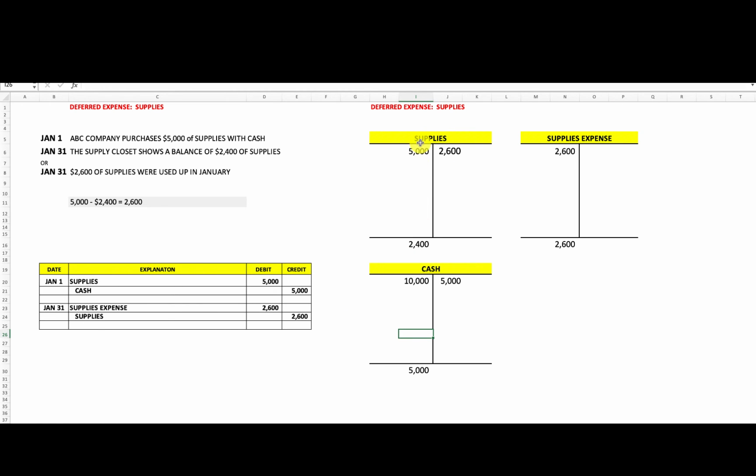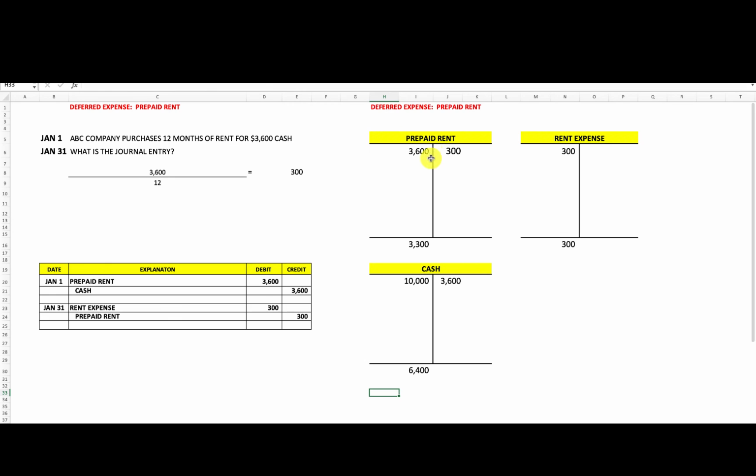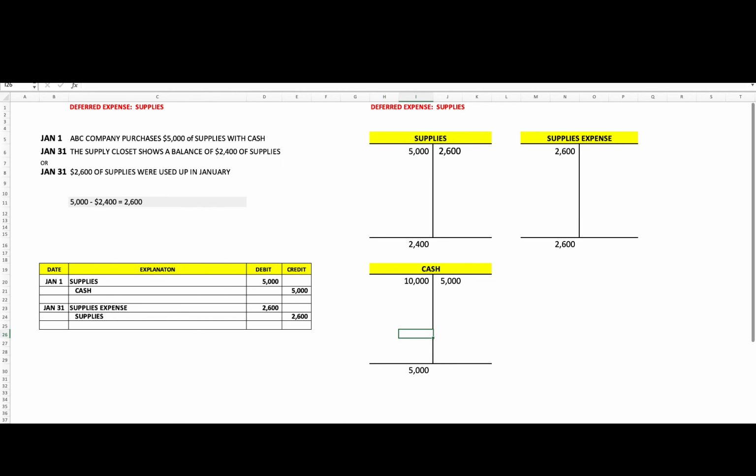We used up supplies and we credited supplies, and we moved it to an expense. When we did prepaid rent, we used up the prepaid rent and we put it to rent expense, but we credited the prepaid rent. When we had insurance, we used up the insurance and we put it in insurance expense, and then we credited the actual account. So in prepaid insurance, in prepaid rent, in supplies, we actually credited or reduced the exact account.